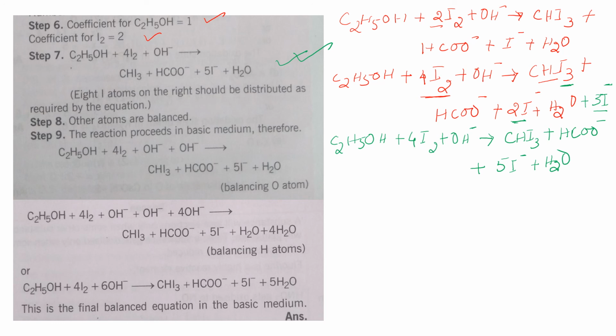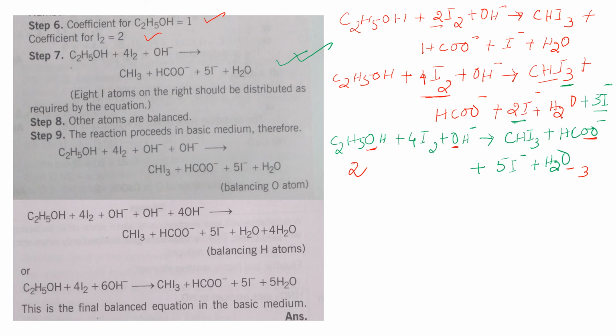See in the left hand side how many oxygen atoms are there. In the left hand side, oxygen atoms are 1 and 2. So we are having 2 oxygen atoms. And in the right hand side we are having 2 and 1, 3. So that means the left hand side is deficient with 1 oxygen atom. So what I have to do, I have to add 1 OH minus in the left hand side.